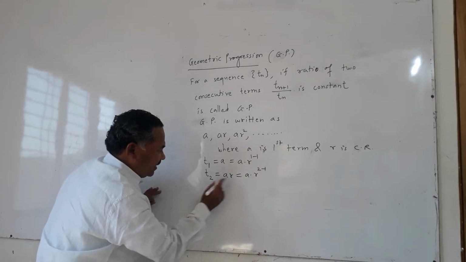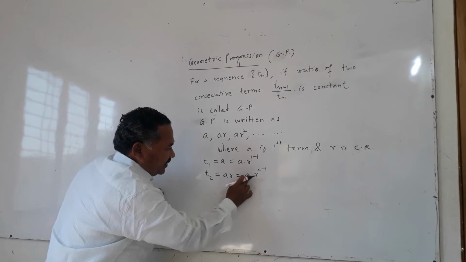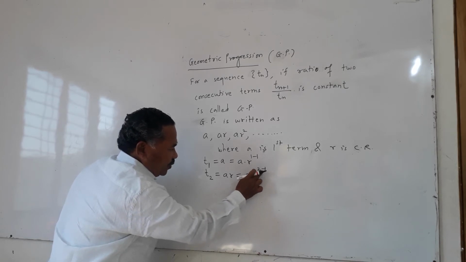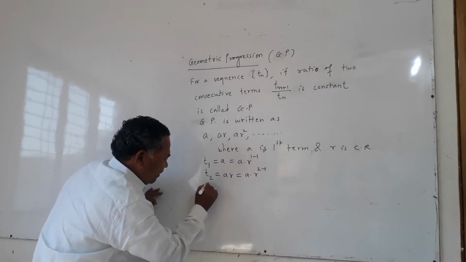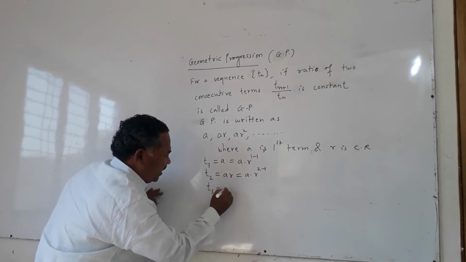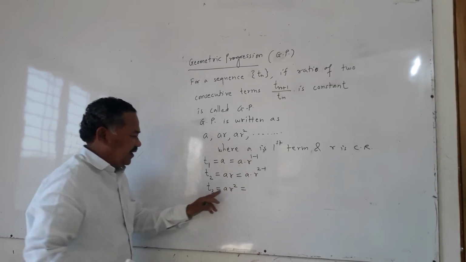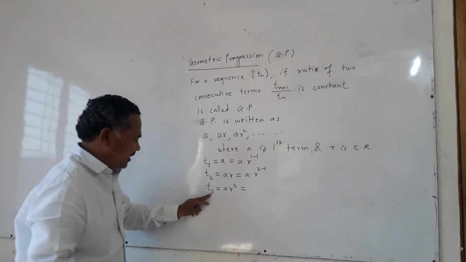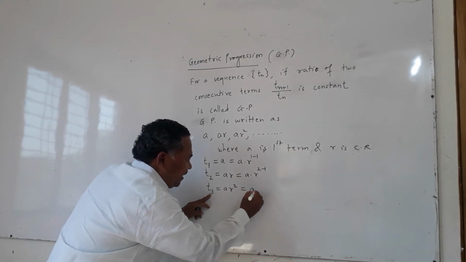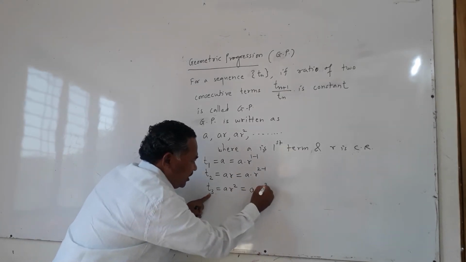In this manner, carry out the simplification. a into r to the power 2 minus 1 means ar. In the same way, T3 equals a into r square. Again we write it as a into r to the power 3 minus 1.